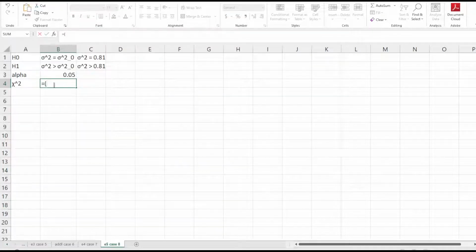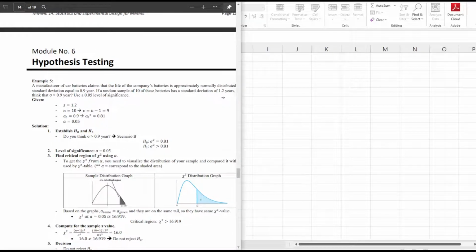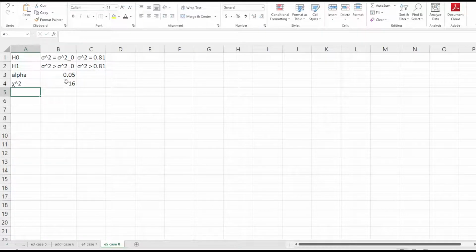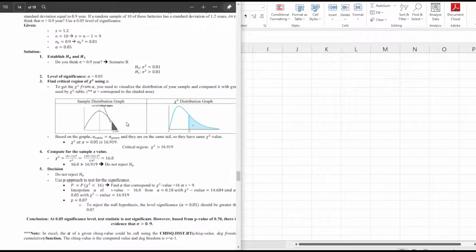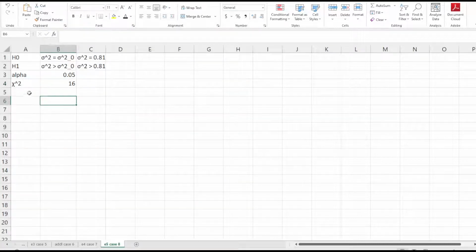So 10 minus 1, that's 9, multiplied by the sample variance, 1.2 squared, divided by 0.81, or sige, gawin natin 0.9 squared. So this is our chi-square value right here. Same naman tayo na nakuha, no? 0.16. So this is the chi-square calc.